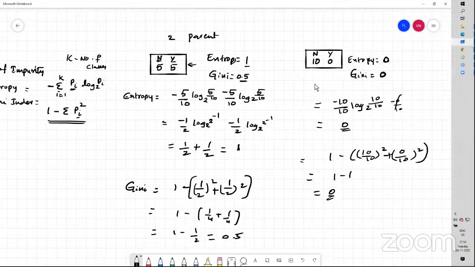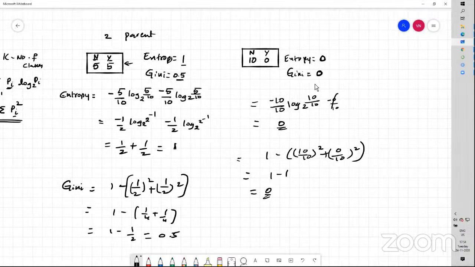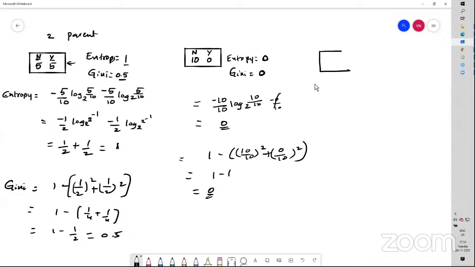For a node which is anywhere in between these two, let's say one of the child nodes has 4 observations of No and 1 observation of Yes. What would be the entropy of this? Minus 4 by 5 log of 4 by 5 to the base 2 minus 1 by 5 log of 1 by 5 to the base 2.